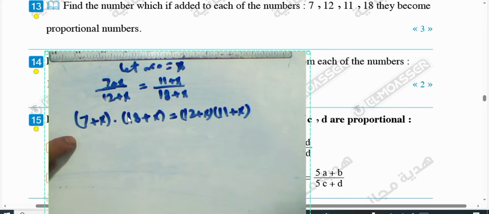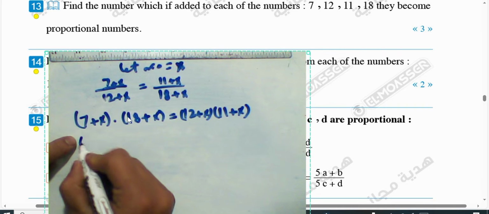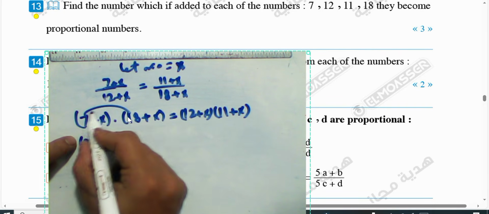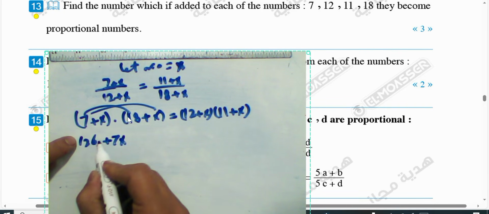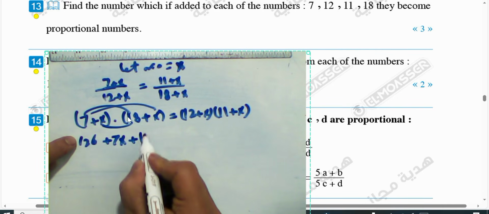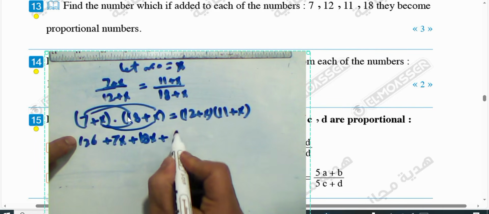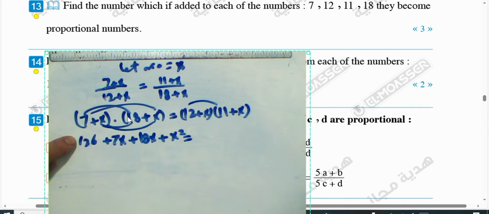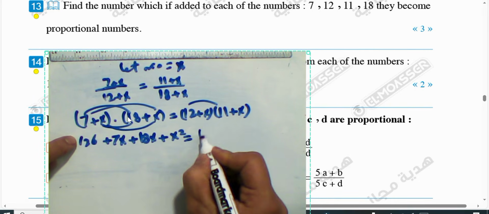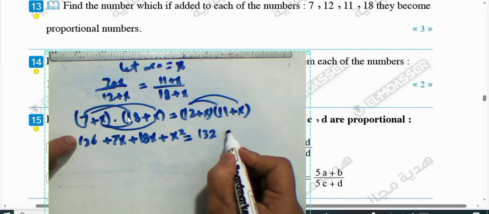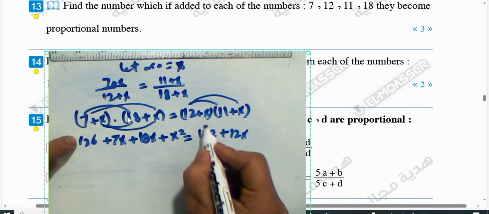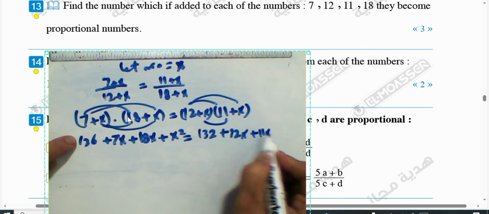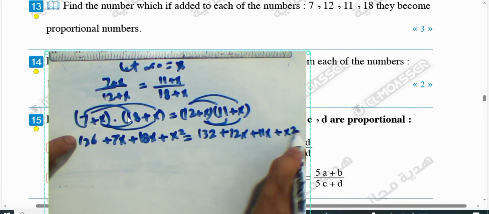7 times 18, you can find the answer by multiplying the two numbers: the result will be 126. Okay, and 7 times x equals 7x, then x times 18 equals 18x, x times x equals x power 2. 12 times 11 equals 132. 12 times x equals 12x, x times 11 equals 11x, and x times x equals x power 2.